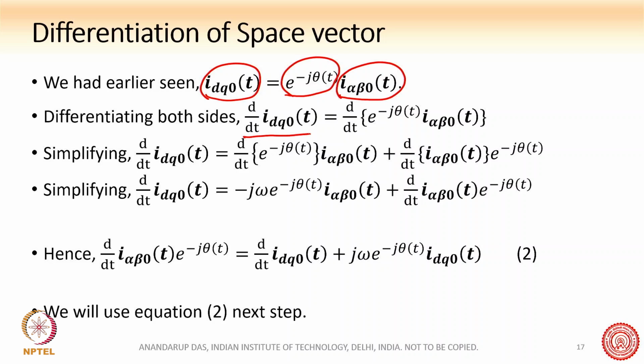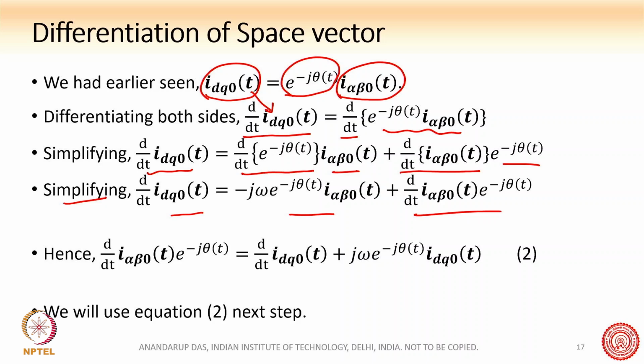So d/dt of I dq0, we are differentiating this quantity, and this will be d/dt of this whole thing, which is the product of two variables. So we have to do the differentiation by parts: d/dt of this one into this one constant, and then d/dt of this one, and this becomes the constant. Doing some simplification, we can get to this equation, which after further simplification you can do yourself.